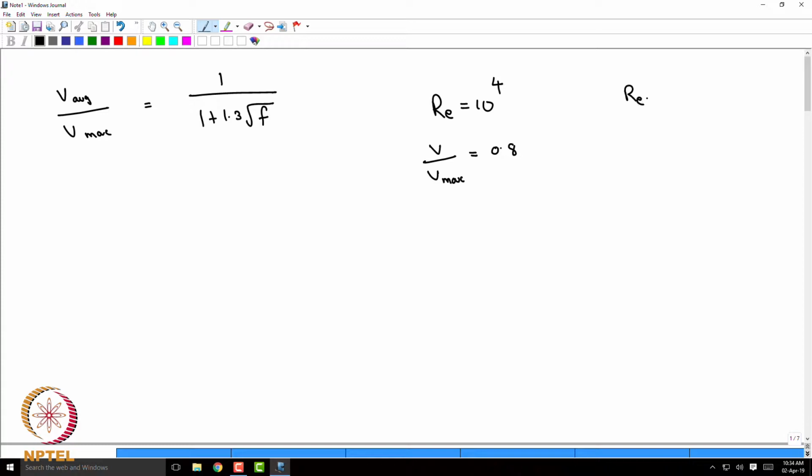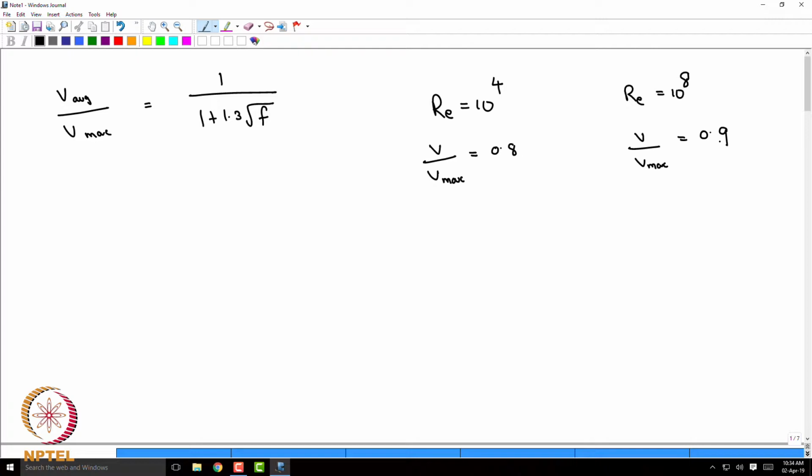If I take Reynolds number as 10 raised to 8, then V by V max comes out to be 0.9. Just some numbers. Given Reynolds number, you know how to calculate friction factor. We derived the expressions for that. So if you use that friction factor and substitute, this is what you get. So what does it mean?